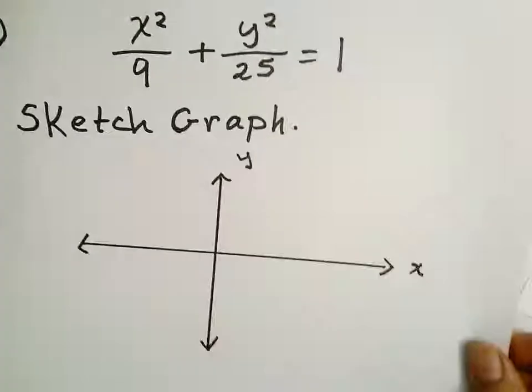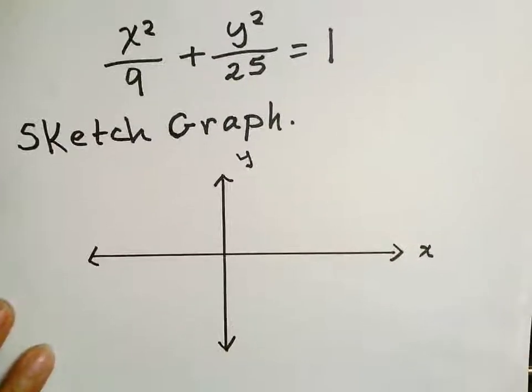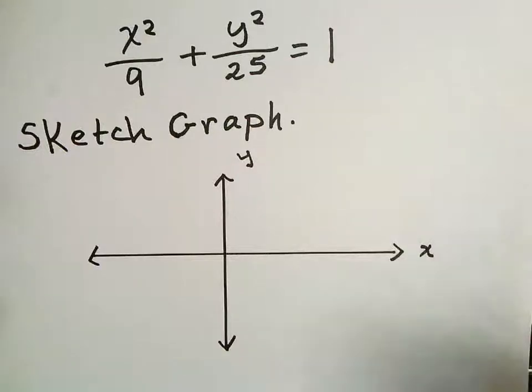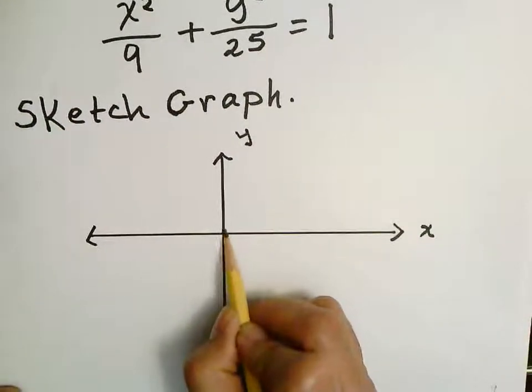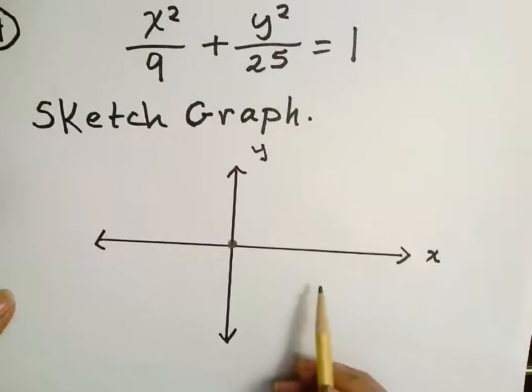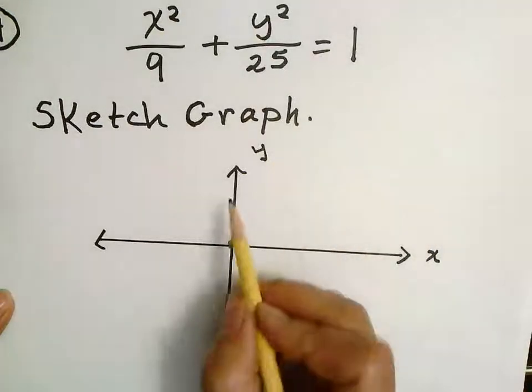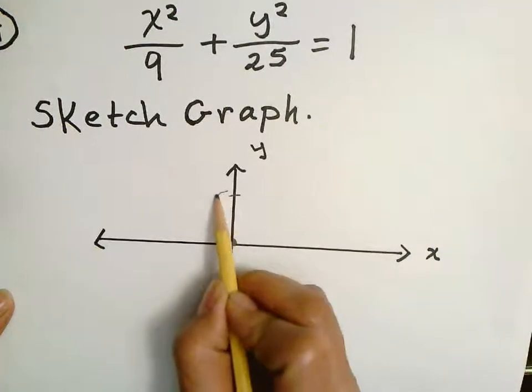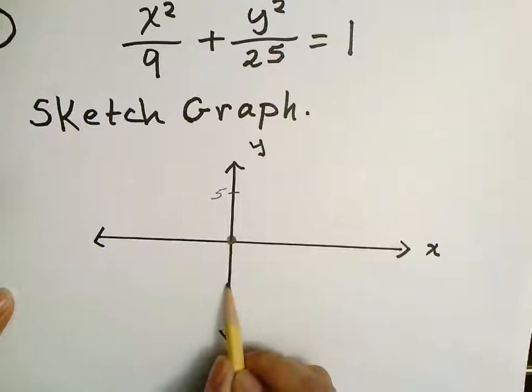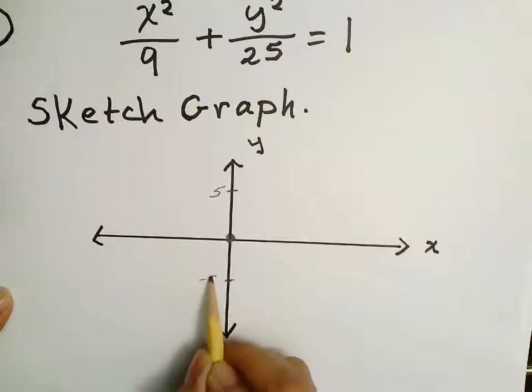Now we're getting ready to do a quick sketch of our graph. We're going to have our center at the origin. The A, remember, was 5, and we have a vertical major axis, so we go up 5 units and down 5 units.